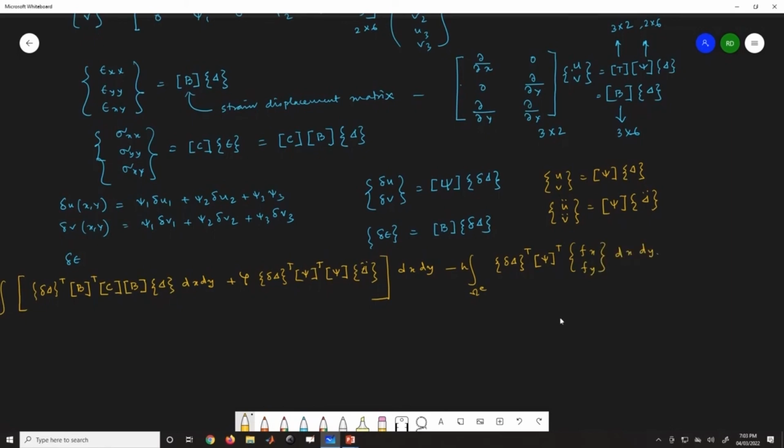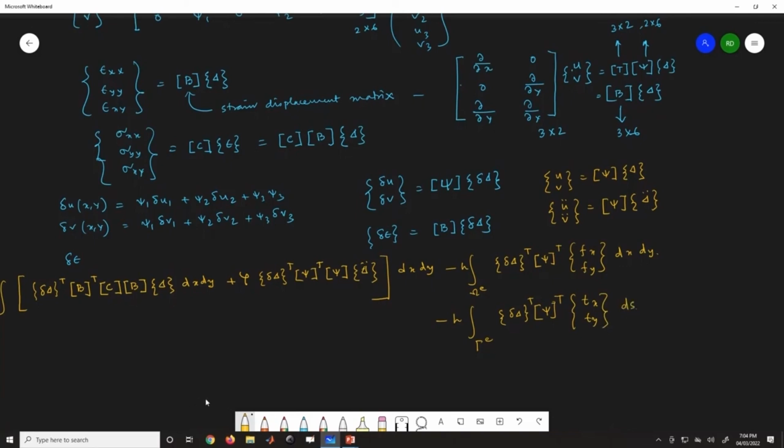So again I will have the traction boundary condition, which is over lambda E. Then we will have delta transpose into psi transpose. Then again we will have the traction vector Tx and Ty. So this is the matrix formulation.